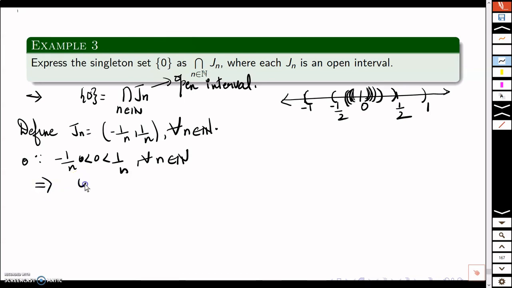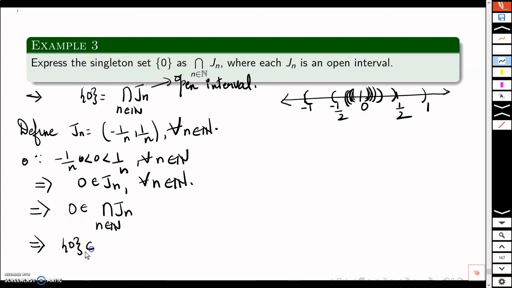So this implies 0 is there in Jn for all the natural numbers n, correct? That means 0 is there in all the Jn's, so 0 will be there in the intersection of all the Jn's, and this implies the singleton set {0} is a subset of the intersection of all these Jn where n is varying over the set of natural numbers. So we showed that {0} is a subset of the intersection of all the Jn's.